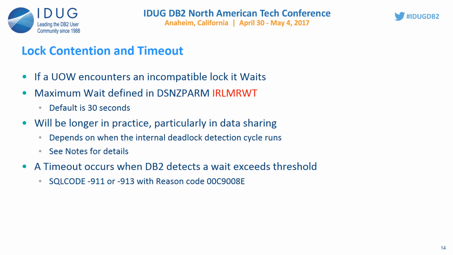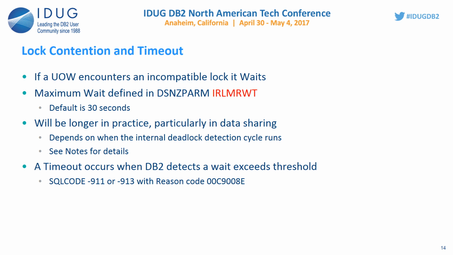Now in practice, the actual time you wait is slightly longer because there's a thing in DB2 called the deadlock detection cycle, and that runs every so often. If you look at the notes of this presentation that are on the slides that you can share, you'll see the actual time, but it's the IRLM wait plus the deadlock detection time, basically, that is the maximum time you could wait.